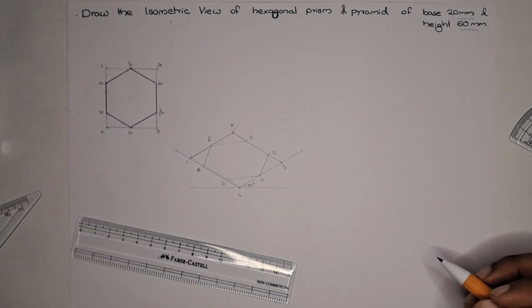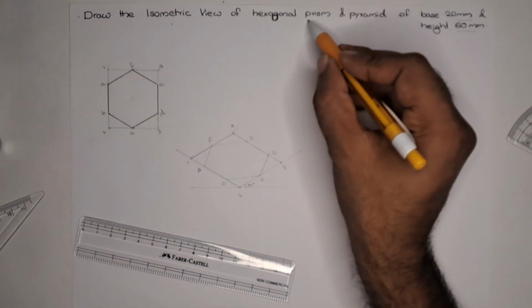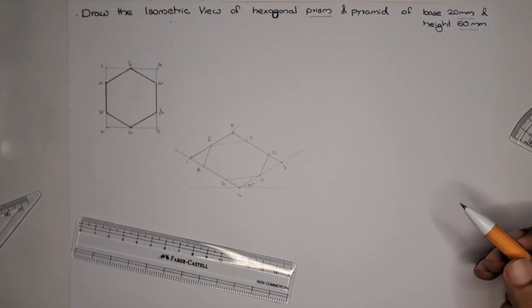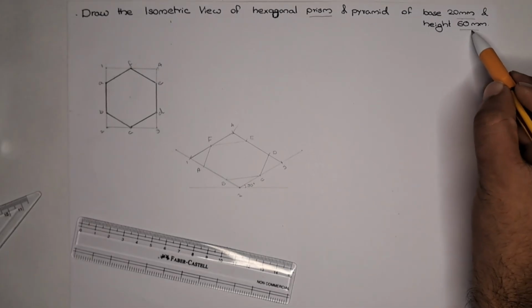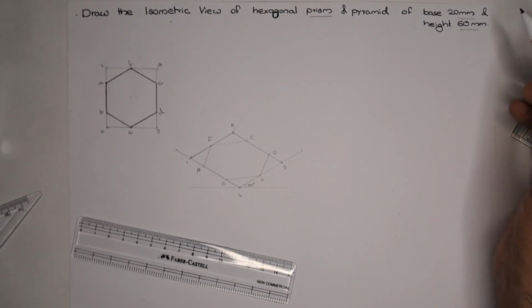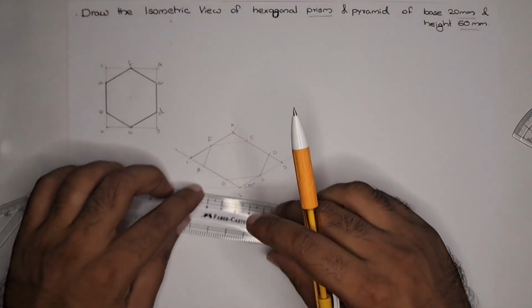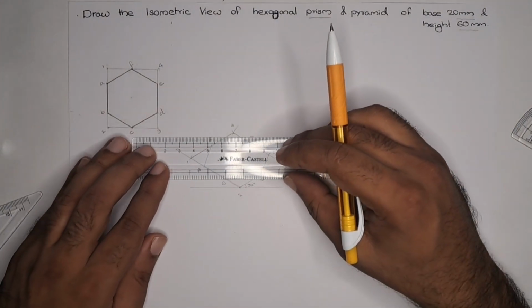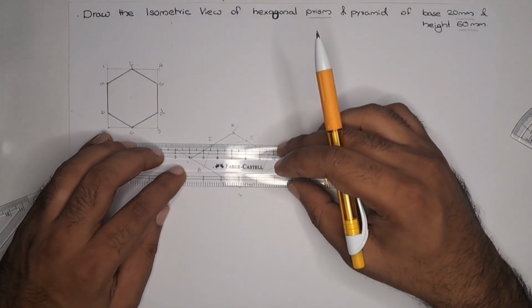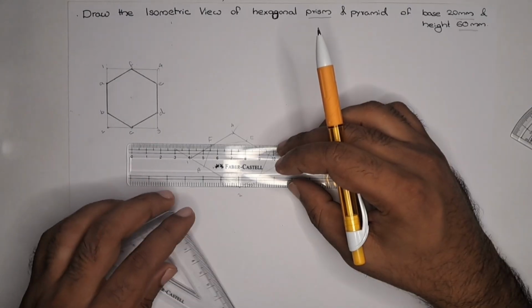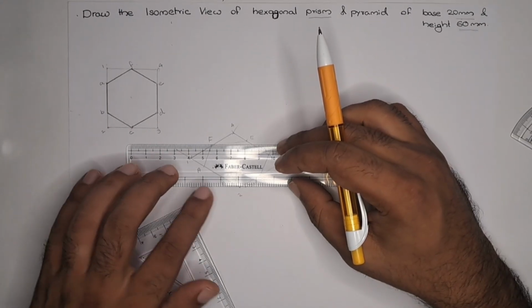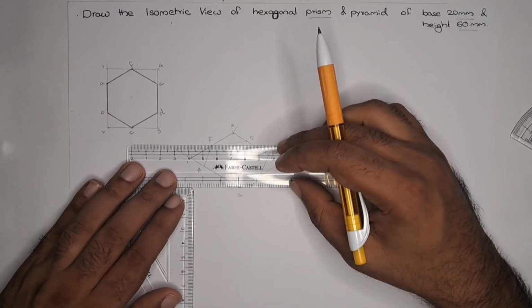To draw the hexagonal prism, we need the height of 60 mm. Now we are drawing perpendicular lines from the reference lines from each corner.